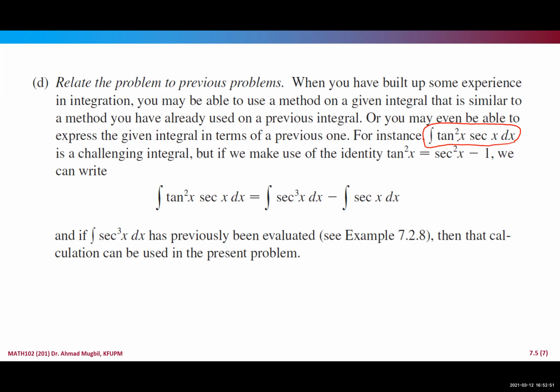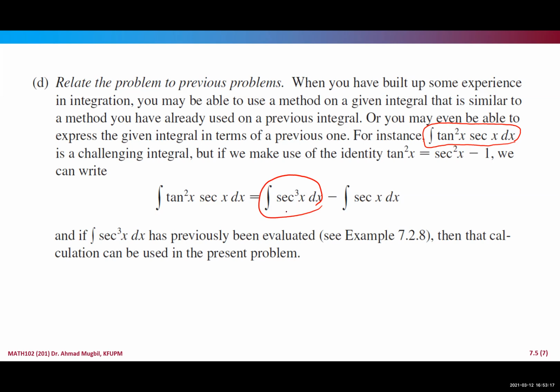Just check section, I think 7.2 and 7.3, I'm not sure. We have solved it there. Here, what you need to do is make tan squared into secant squared x minus 1. Then you will have two integrals. One of them is secant to the power 3, and we have shown this integral in 7.2.